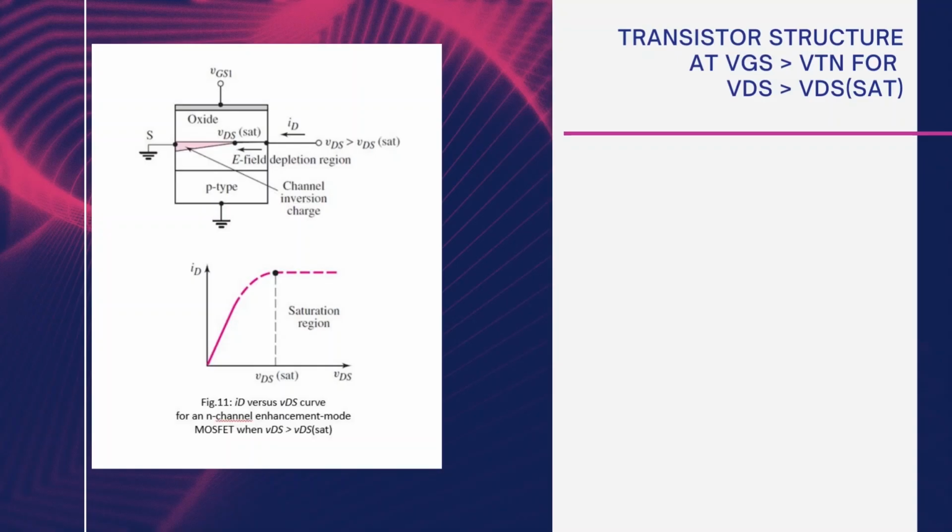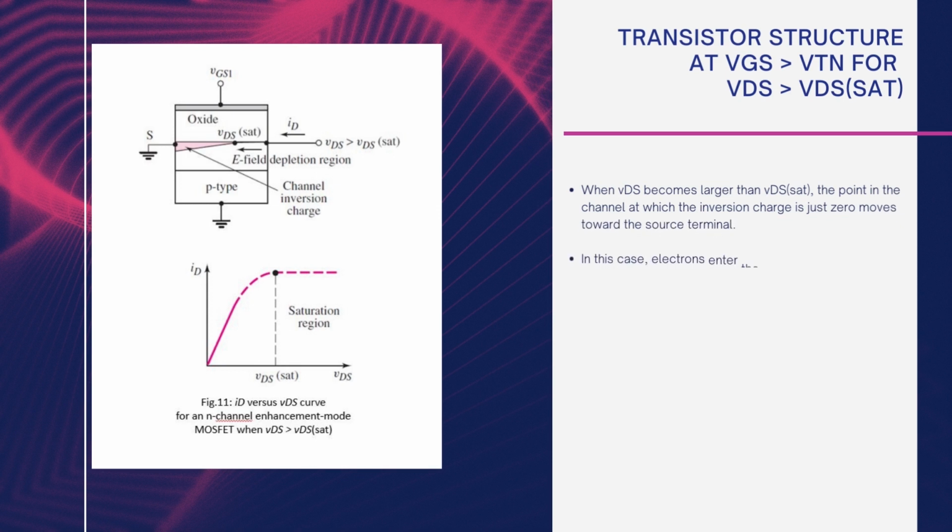Now, let us discuss the transistor structure when gate voltage is greater than the threshold voltage and the drain voltage is greater than the VDS saturation. When VDS becomes larger than VD saturation, the point in the channel at which the inversion charge is just 0 moves towards the source terminal.